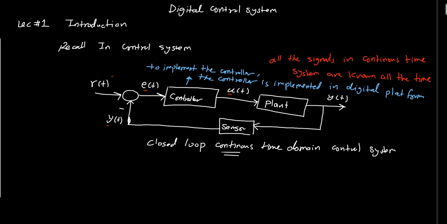So here will come the concept of discretization or the digital control system and why we need to study the system in a digital platform. So if we replot the closed loop configuration, assuming that I will implement my algorithm in a digital computer, let's assume this is the reference generated inside my program.